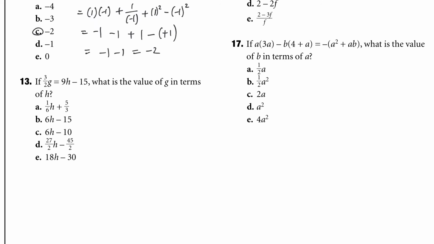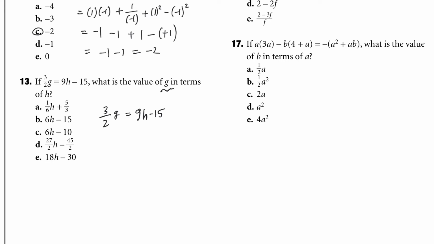Let's continue on. 13, 3 over 2g is equal to 9h minus 15. What is the value of g in terms of h? These types of questions are quite common in SAT math. Rearranging equations. So I'm going to rewrite that equation first so that you can see it.